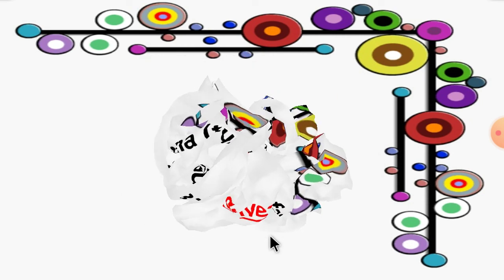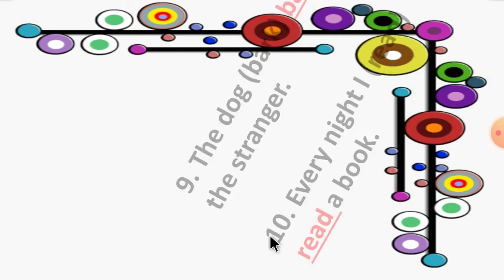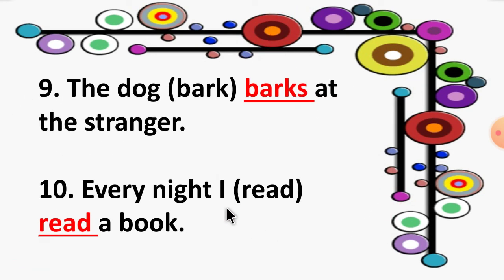Then next is number 9. The dog bark. So when we are talking about any animal, bird or any non-living things, we are using it. So which rule will we apply?